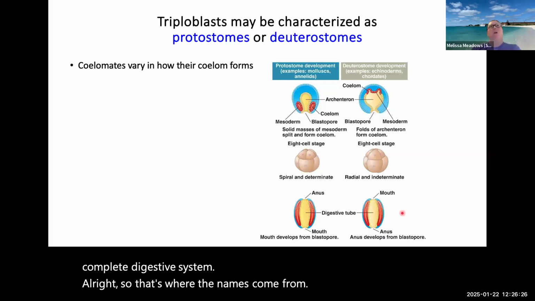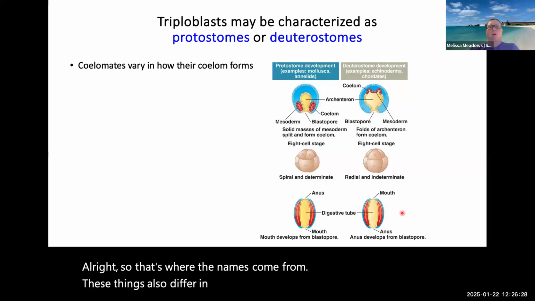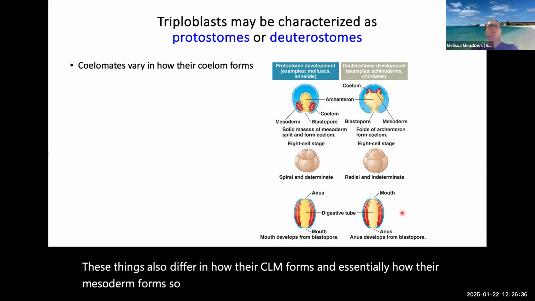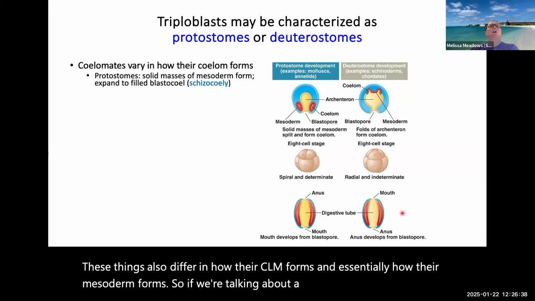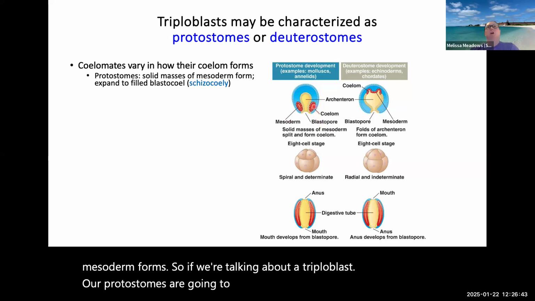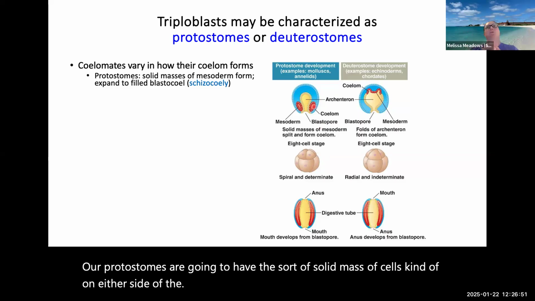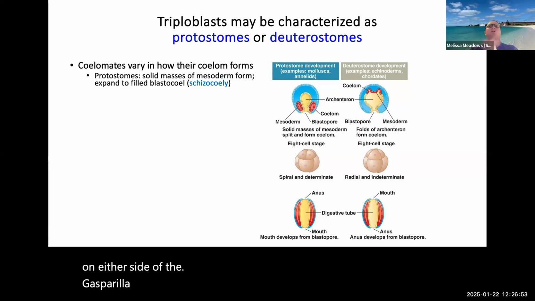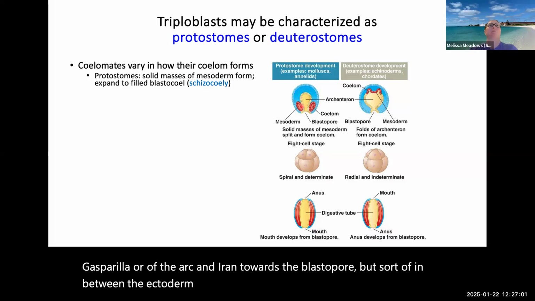These things also differ in how their coelom forms and essentially how their mesoderm forms. So if we're talking about a triploblast, our protostomes are going to have this sort of solid mass of cells kind of on either side of the gastrula or of the archenteron towards the blastopore, but sort of in between the ectoderm and endoderm.